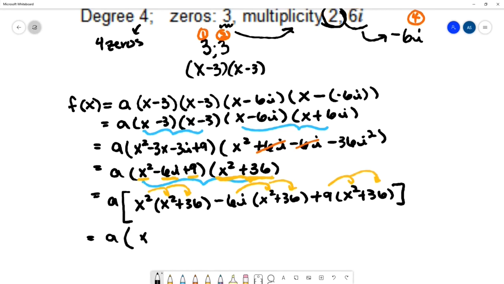And that would give x to the 4th plus 36x squared minus 6ix squared minus, and what is 36 times 6? That's 216i. I apologize.